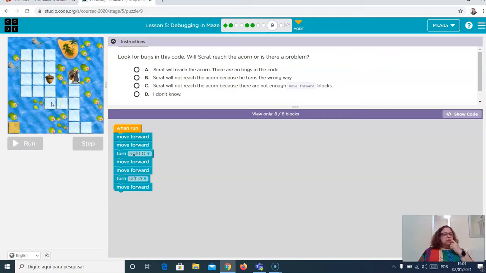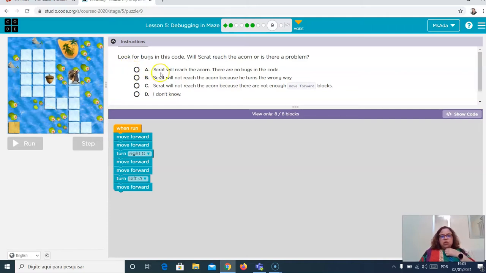I don't think it's to turn left. I think he needs to turn right here. I think this one is wrong. So, and then go forward. If he turns left and goes forward, it's gonna fall in the water. So let's see what they say.